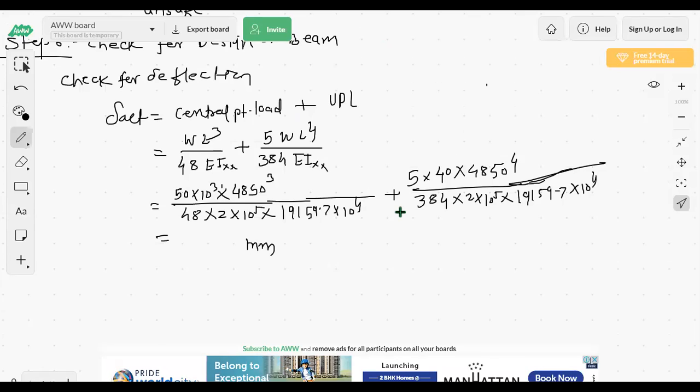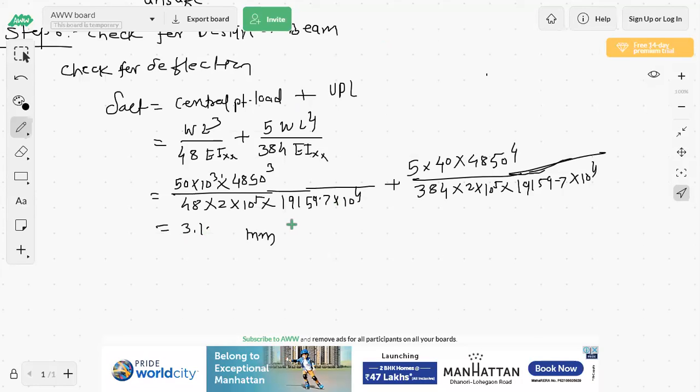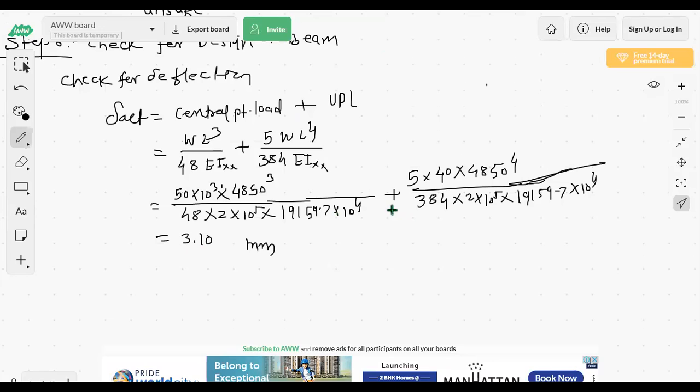Snehal has given the answer 3.1 mm. Others please. 3.10. 10.62, Swapnil. Others please. 10.62, Vaishnavi also has given.